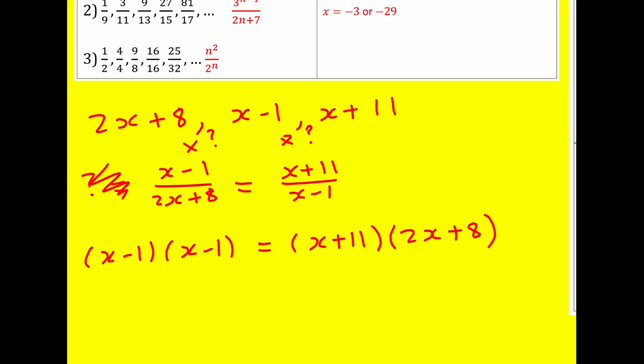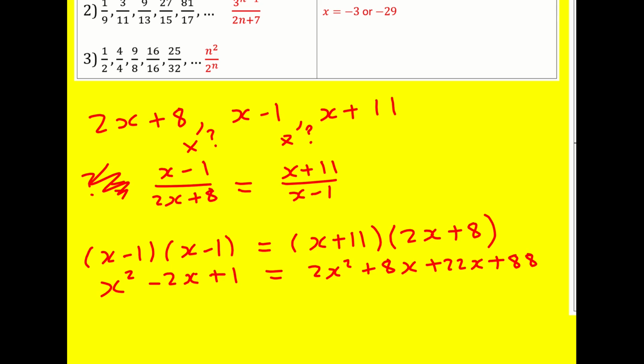So that equation becomes this, which doesn't look very nice, but it's actually going to create a quadratic. If I multiply out this double bracket, I'm going to get x squared minus 2x plus 1 equals 2x squared plus 8x, I'm expanding brackets quite quickly here, plus 22x plus 88.